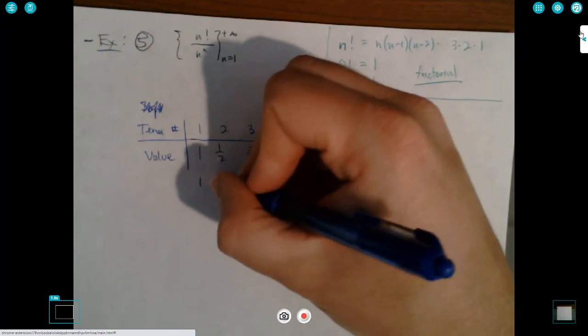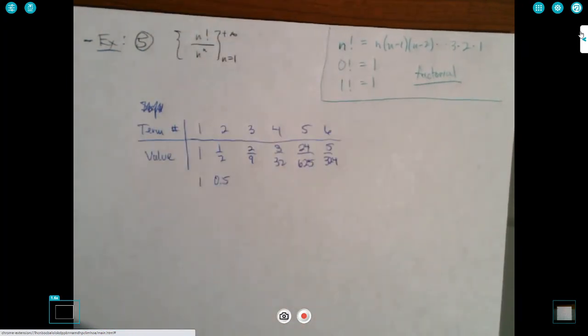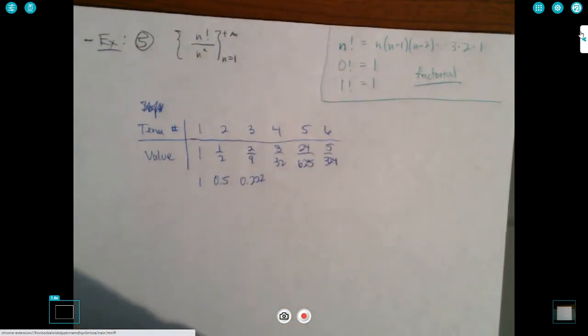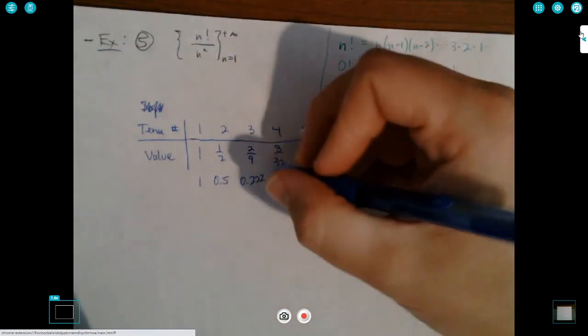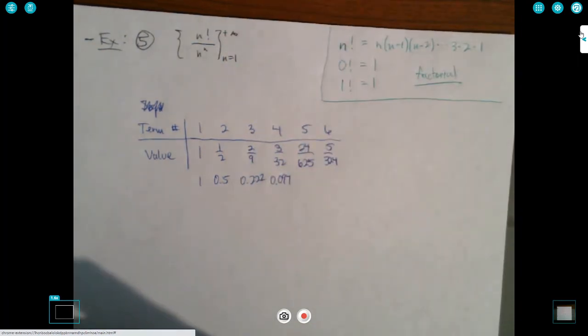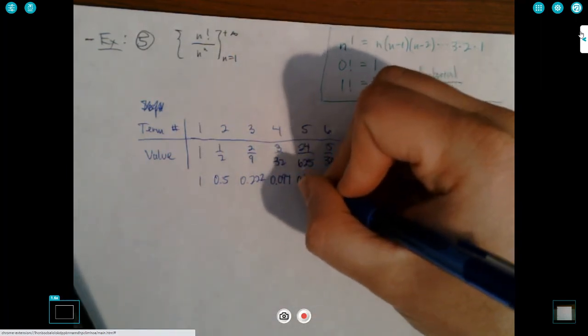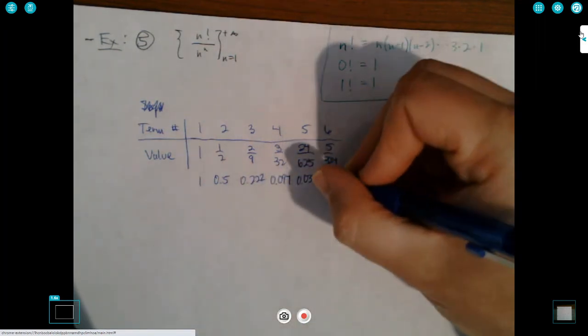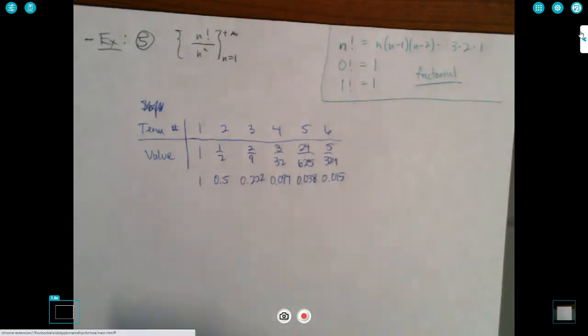So this is 1, 0.5, 2/9 is about 0.222, 3/32 is about 0.094, 24/625 is 0.038-ish, 5/324 is 0.015-ish. Okay, so things are definitely decreasing, and I think they're going to continue to decrease down to 0.